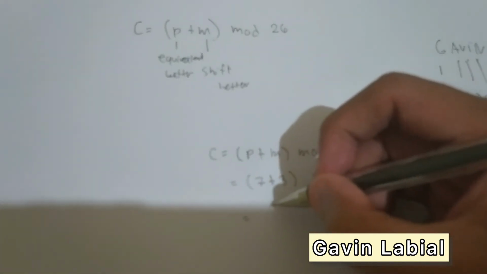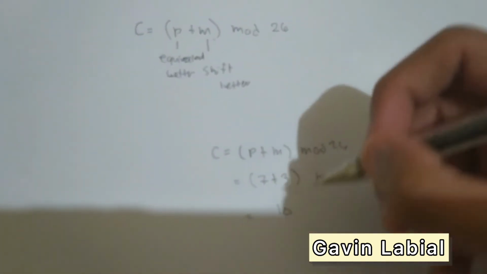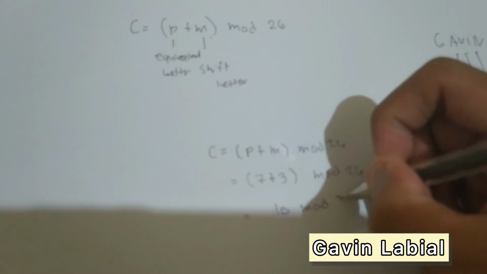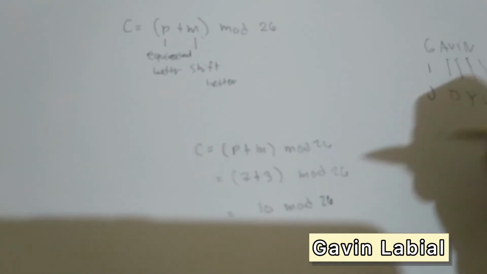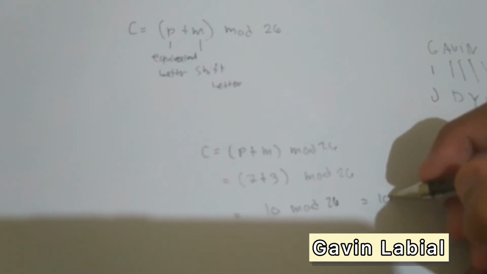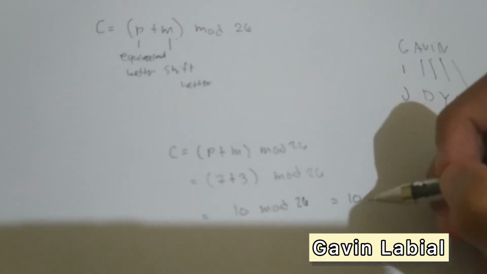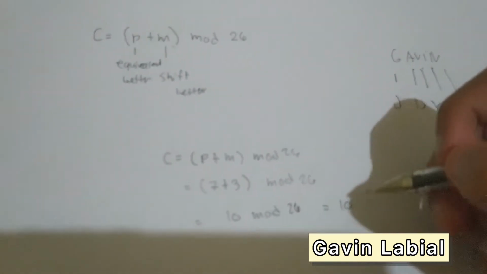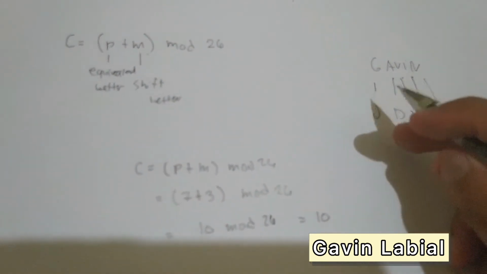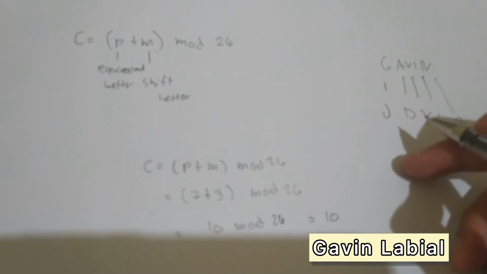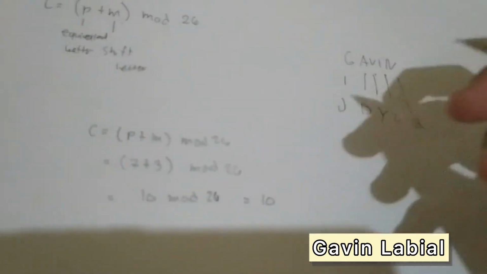So the result would be 10 modulo 26. But since 10 is not greater than 26, we just keep 10. And 10 in the alphabet is J. So that's how you encrypt a certain letter.